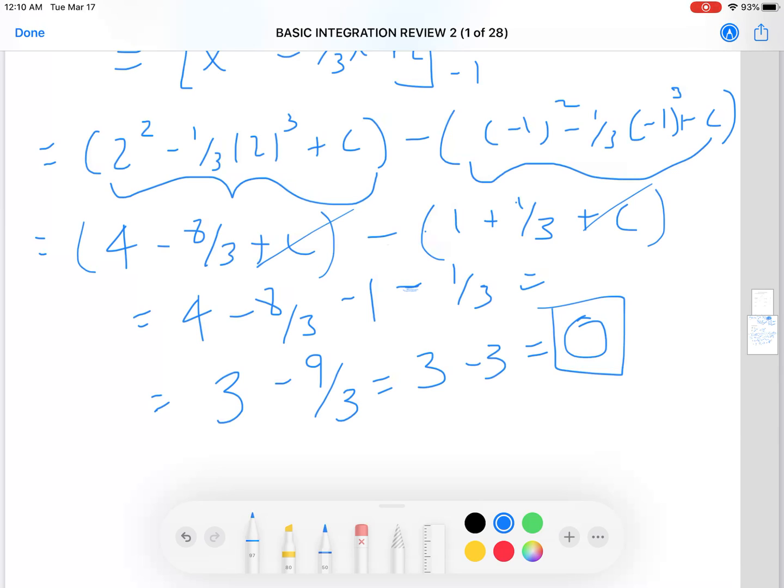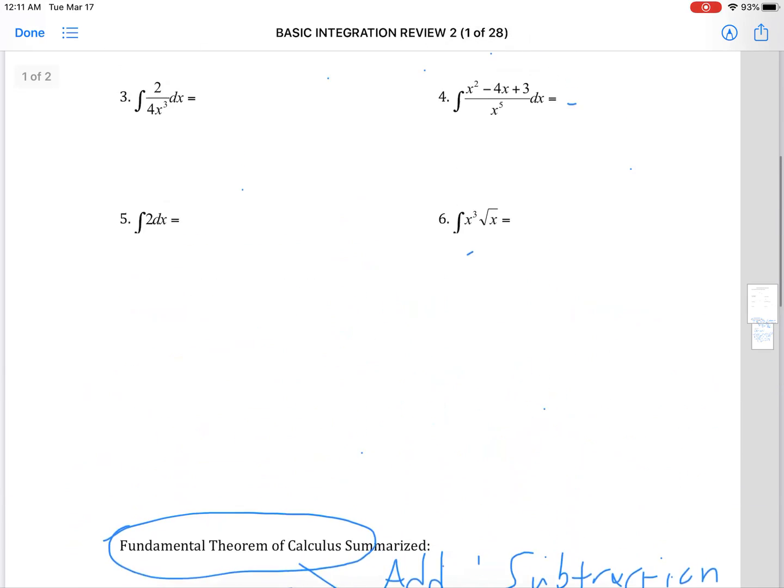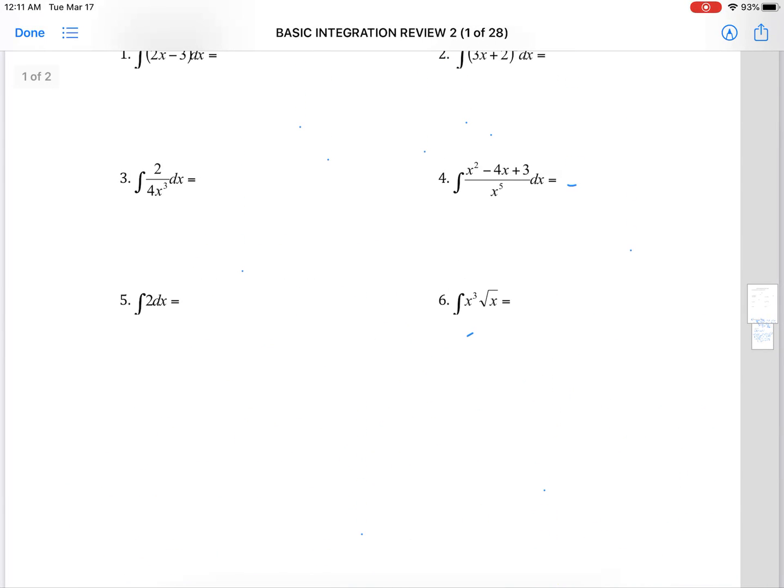So on the homework, there may be a few problems that involve those more interesting antiderivatives that you have to clean up first. Something like number 4, where you're going to be putting in those limits of integration. But I would say that those are very doable if you have a good calculator.